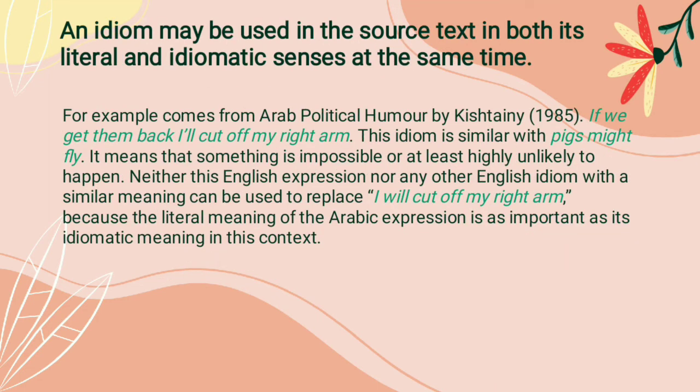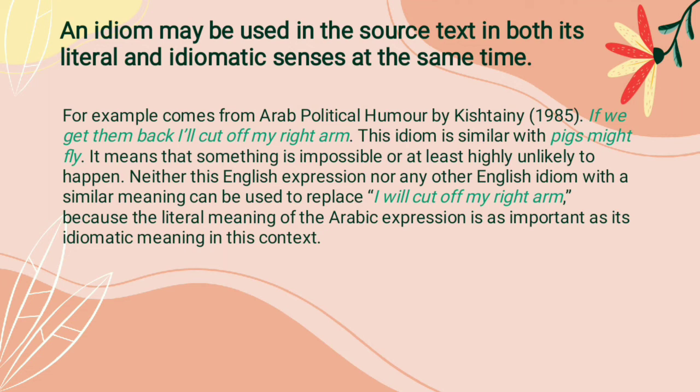Number 3, an idiom may be used in the source text in both its literal and idiomatic senses at the same time. For example, it comes from the book entitled Arab Political Humor by Kishtani in 1985. It has a sentence, "If we get them back, I will cut off my right arm."